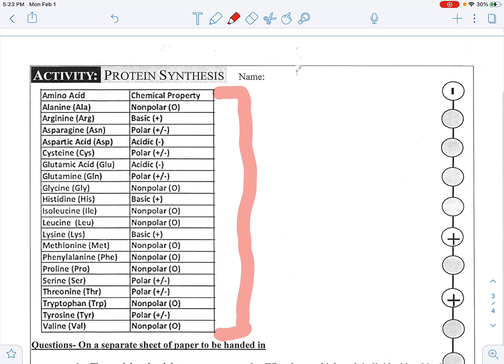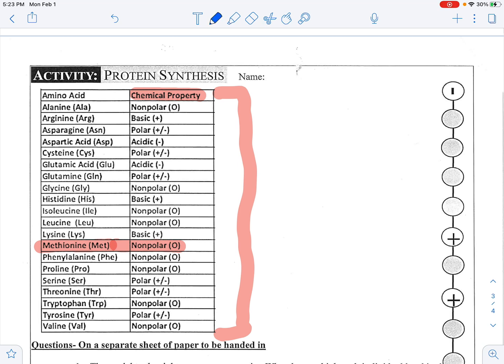That first amino acid was MET, which stands for methionine. If we go underneath the chemical property here, we see that it is nonpolar.